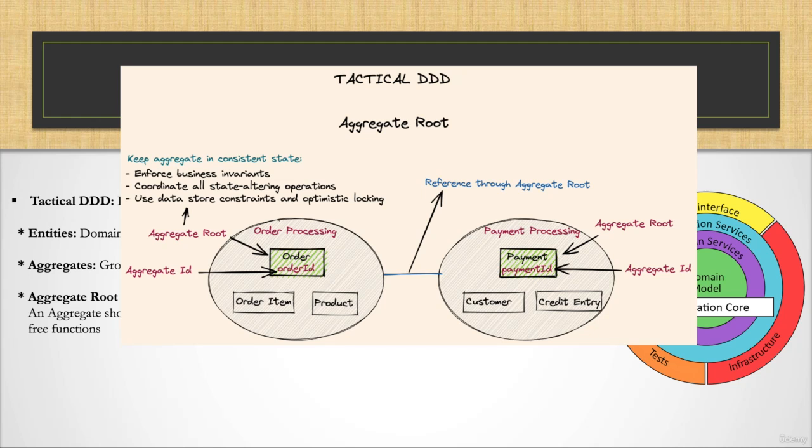To decide which entity will be the aggregate root, you should consider if the entity will be modified independently and be accessed by the identifier from the outside, say from other aggregates. In that case, that entity should be chosen as the root of the aggregate.